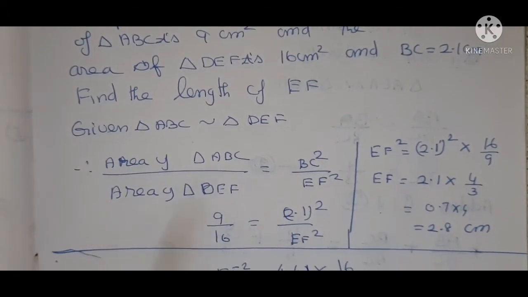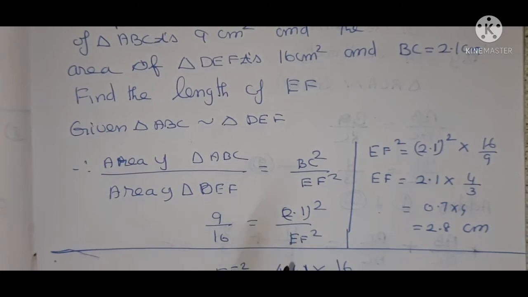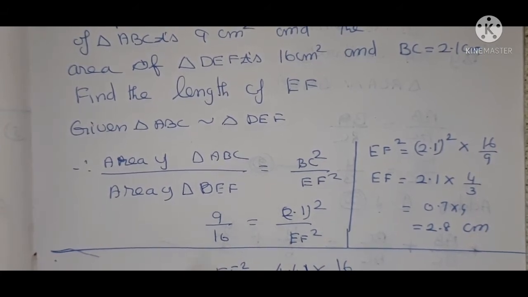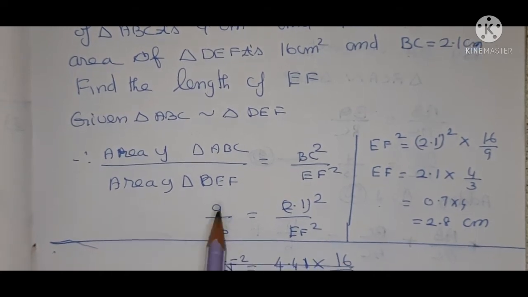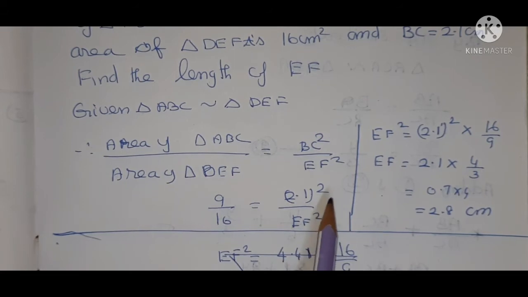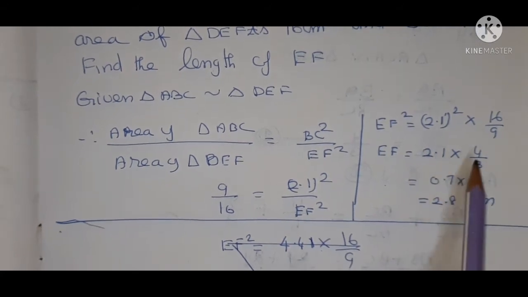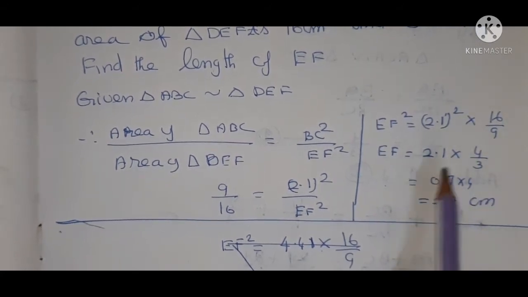Therefore, area of triangle ABC by area of triangle DEF is equal to BC square by EF square. 9 by 16 is equal to 2.1, the whole square, by EF square. EF square is equal to 2.1 square into 16 by 9.